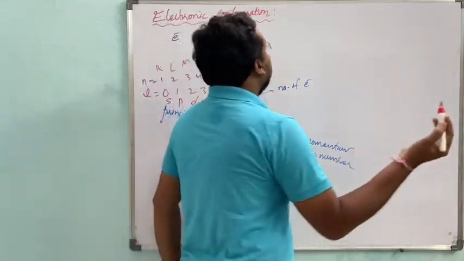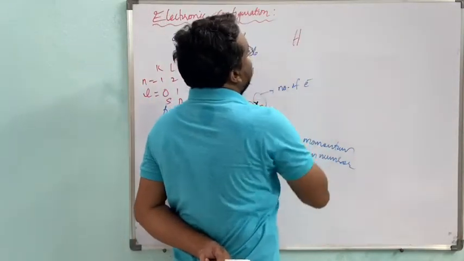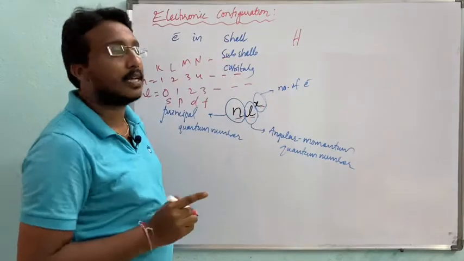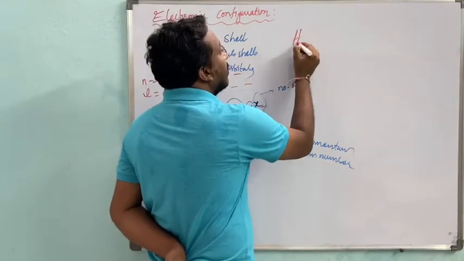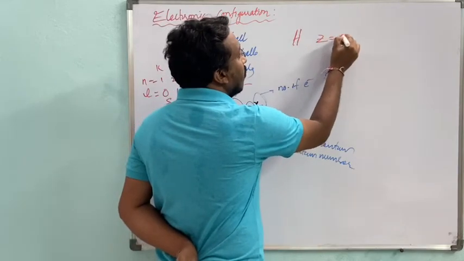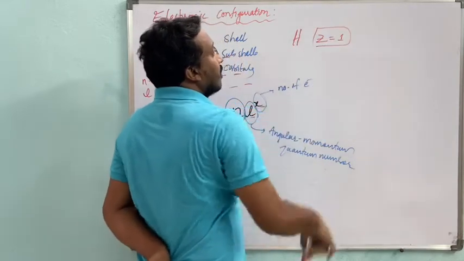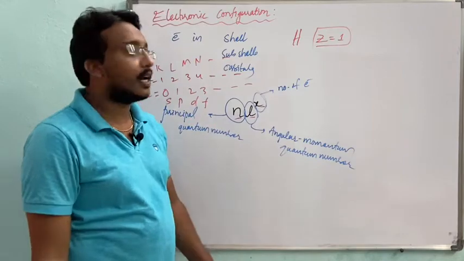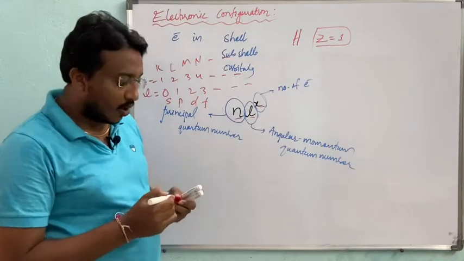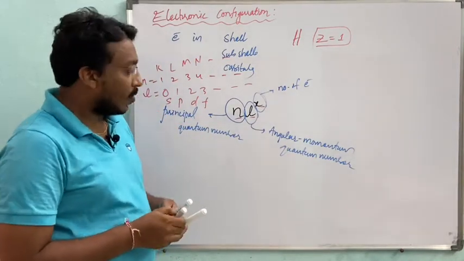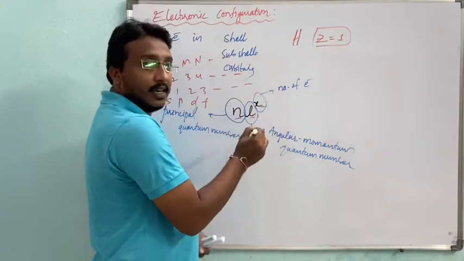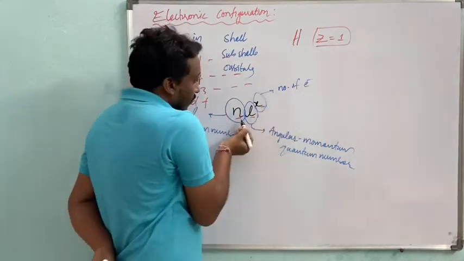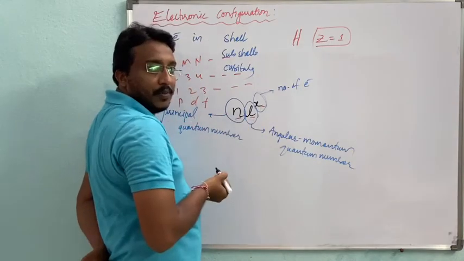Here we are going to discuss the hydrogen atom's electronic configuration. The atomic number of a hydrogen atom is 1. Sir, how will we write it? First the principal quantum number.